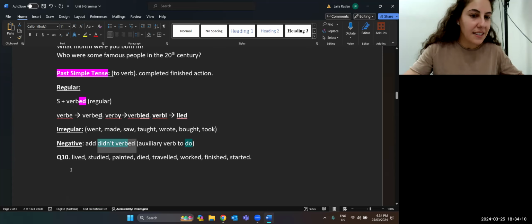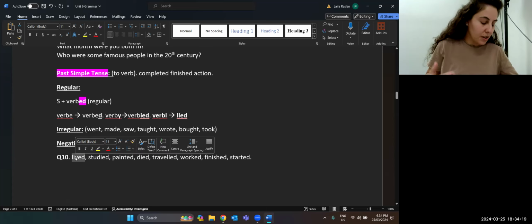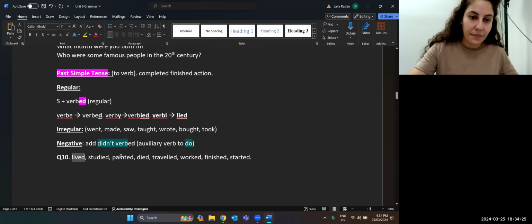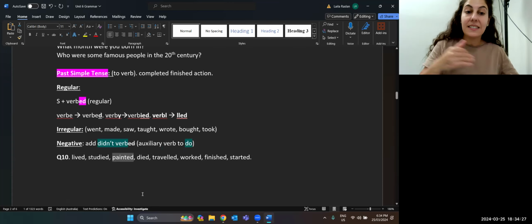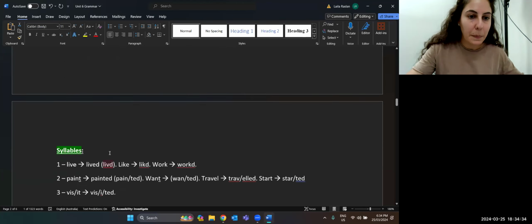Now let's look at the pronunciation. So if I said live, and this one is lived, okay, it only has one syllable, so lived. But if I look at paint, this one is painted. So how would I know how to make that sound for my ed?